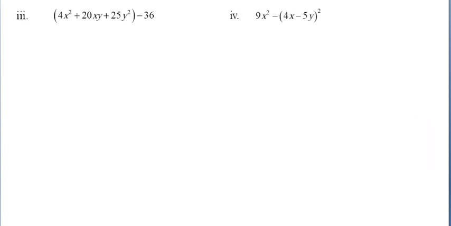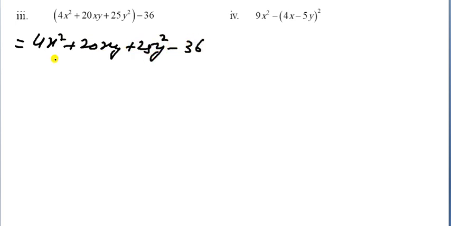Let us see the next question. So the next question is going here in front of you, and that one is the third question. So let us see what will happen in this. I have the identity, and two identities are used here. So first of all, let us see. The question is 4x square plus 20xy plus 25y square minus 36.